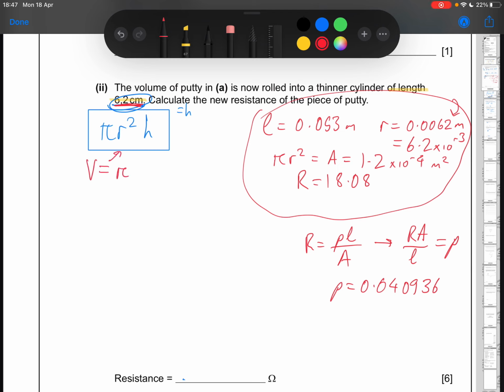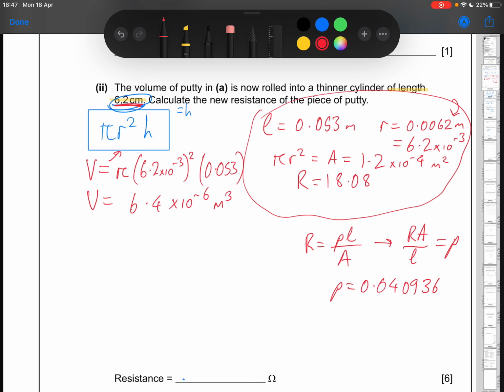So that's going to be pi times r squared, which is 6.2 times 10 to the minus 3 squared, times the length, which is 0.053. Our volume here is equal to pi times 6.2 times 10 to the minus 3 squared times 0.053, which I'm getting as 6.4 times 10 to the minus 6 meters cubed.